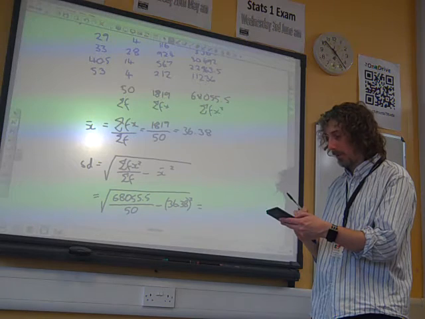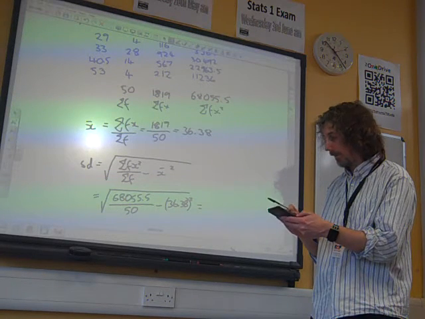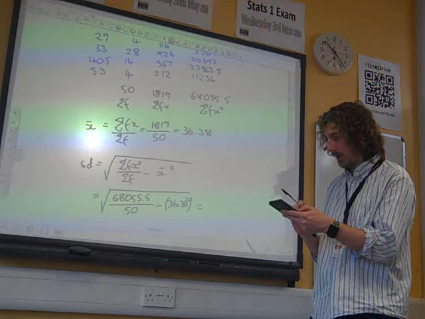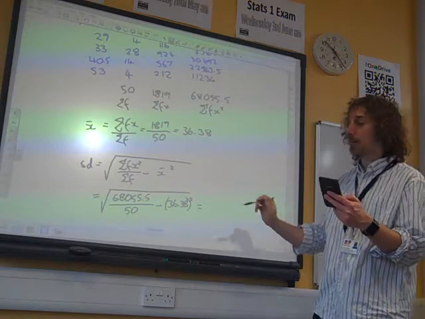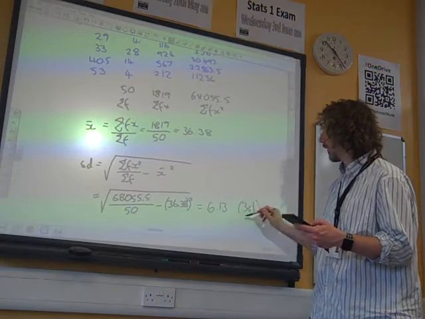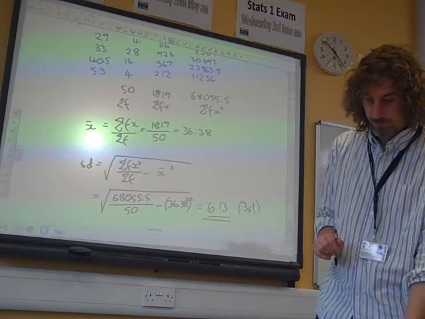We might have to have stored it in our calculator. Minus 36.38 squared. I'm getting 6.13, to three significant figures, as my standard deviation for that.